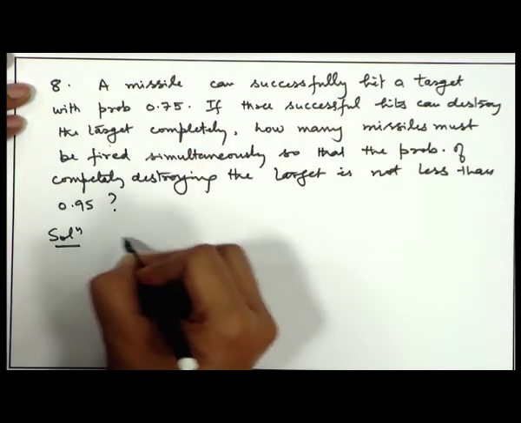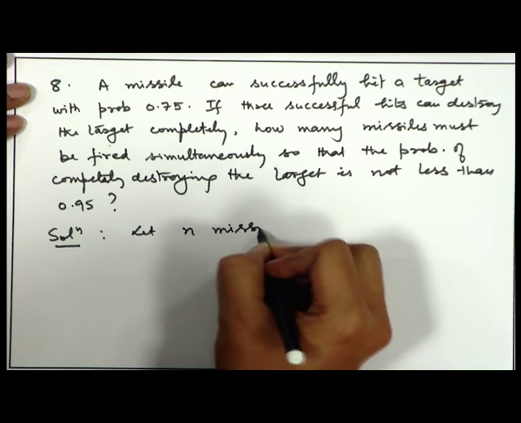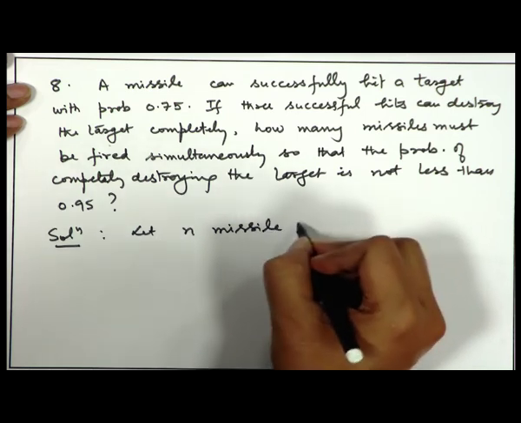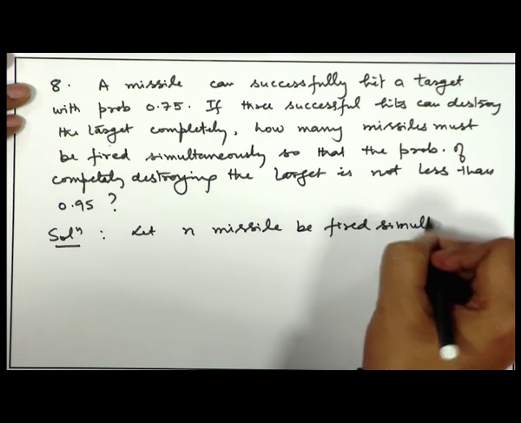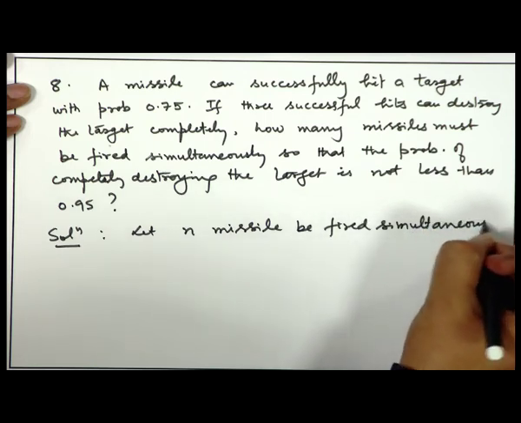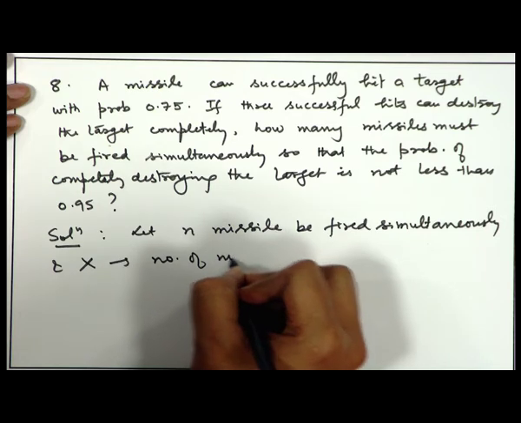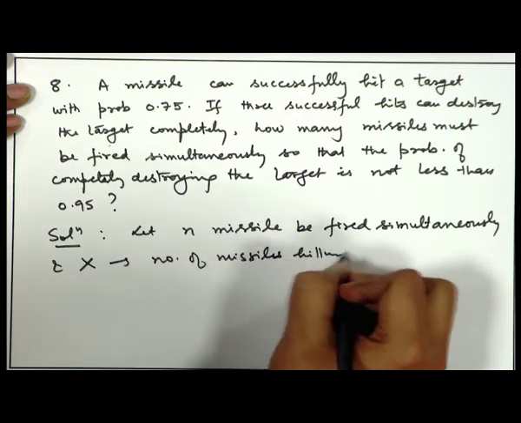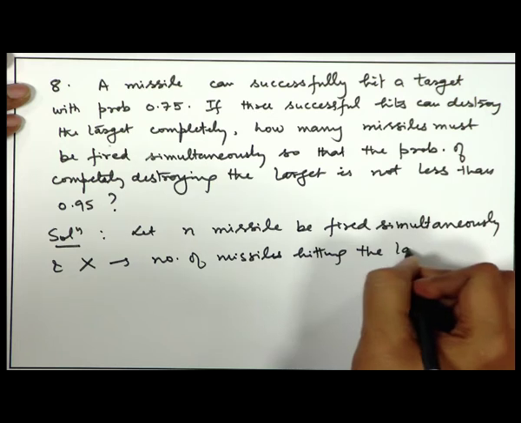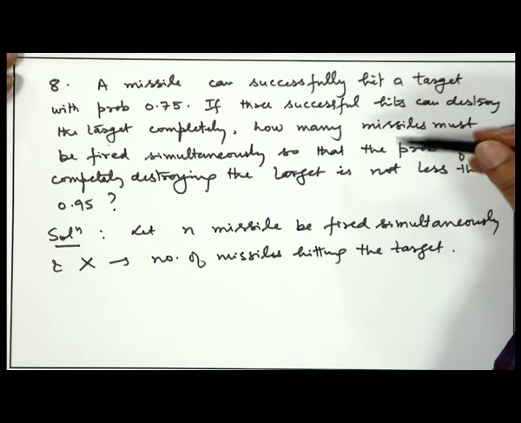So, let us assume that n missiles are fired and x is the number of missiles hitting the target. Now, you can consider independent firings.